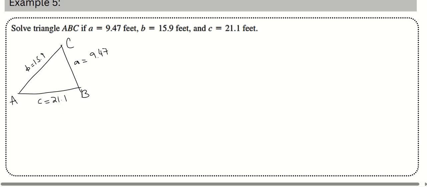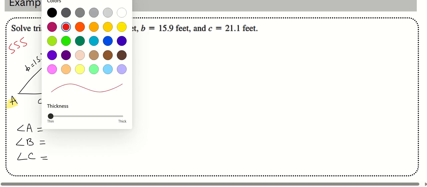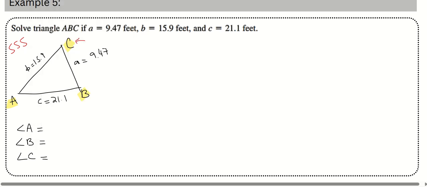And again, you're looking for angle A, angle B, and angle C. In this particular case, C is still the largest, so this is where you want to start. Use law of cosines.